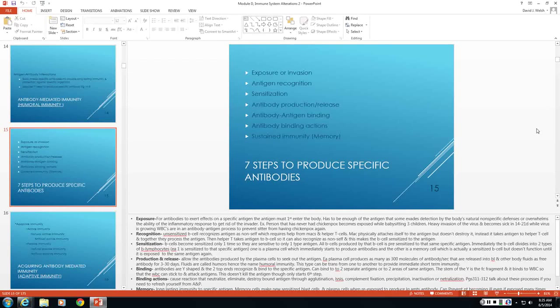So the 7 steps to produce specific antibodies start with exposure or invasion. For antibodies to exert effects on a specific antigen, they must first enter the body. So you're going to have exposure or invasion.